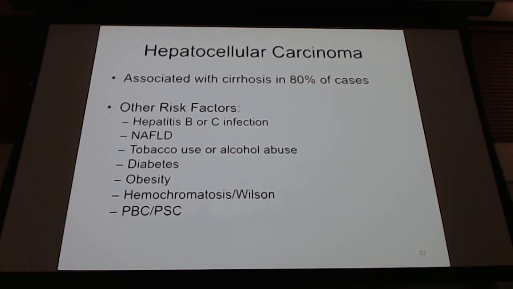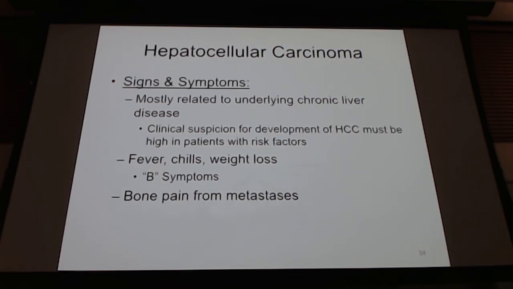Diabetes, obesity, yes, hemochromatosis and Wilson's disease, and then the two flavors of cholangitis we talked about are all risk factors for carcinoma. So, mostly due to underlying liver disease. So, we need to be worried about these types of risk factors. So, that's why we ask these questions.